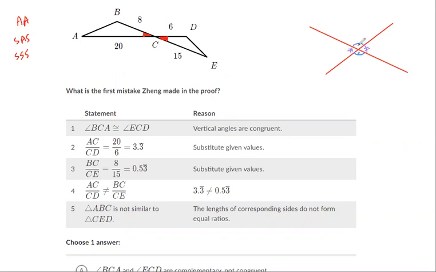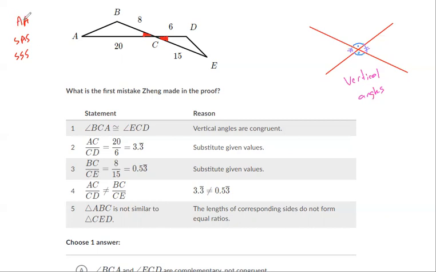When you have vertical angles, they will be congruent to each other. So that is why this angle and this angle are equal, which is good because I have one angle. But other than that, I have no idea about the other two angles.